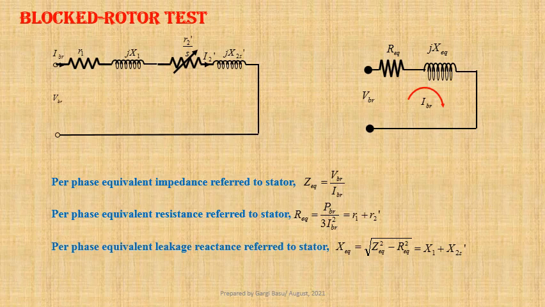By no means X1 and X2S dash can be separated. Therefore, it is convenient to take X1 equals X2S dash equals XEQ by 2.